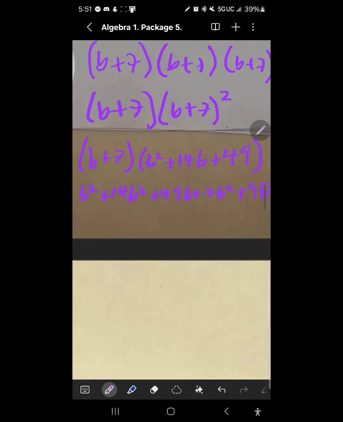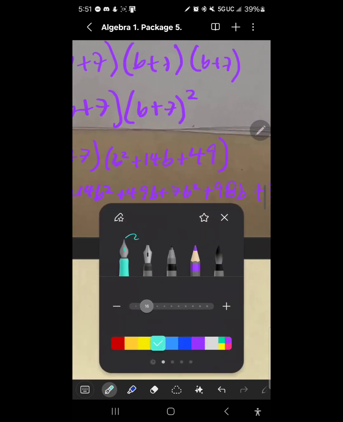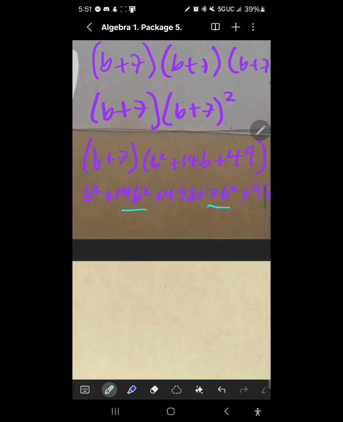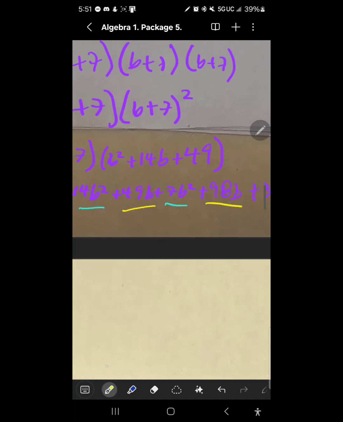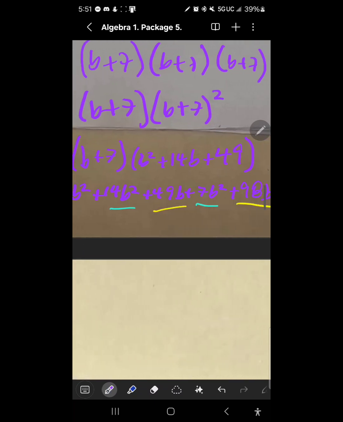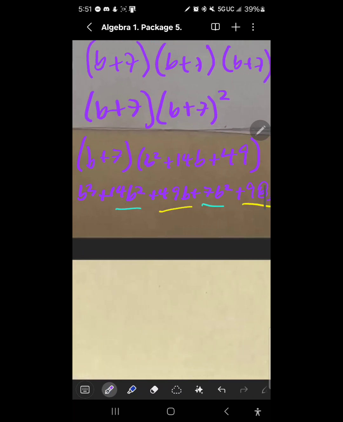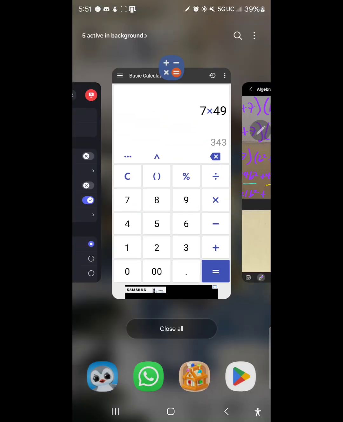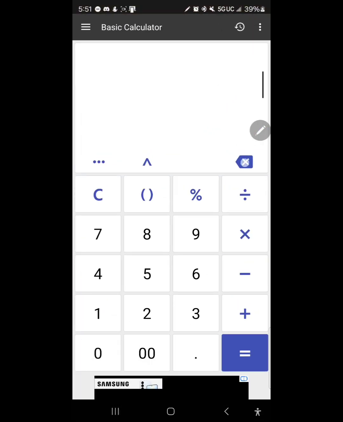And now we combine the like terms, which are going to be b squared, b, b. So we keep our b cubed. This is cube, so b cubed. Then for 14 plus 7 is 21, so plus 21b squared. Plus 49 plus 98.